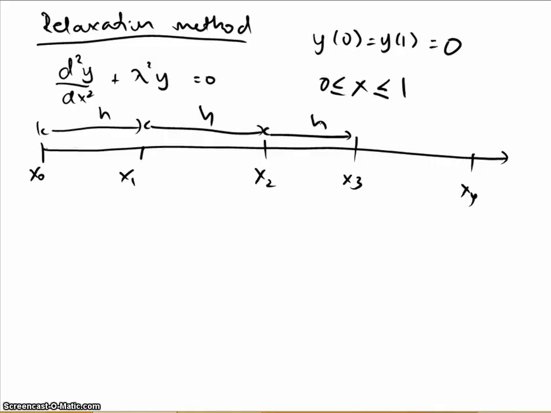So what you need to do with the relaxation method is you need to approximate the second order derivative which appears in this equation using the Taylor series approximation.